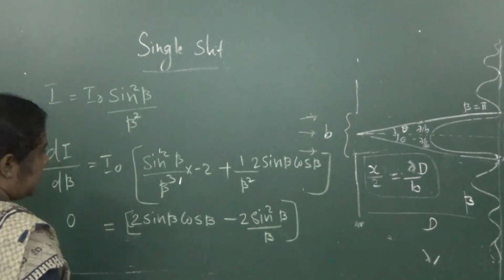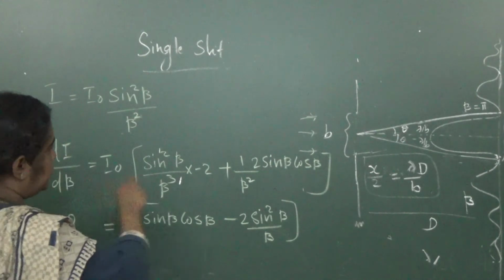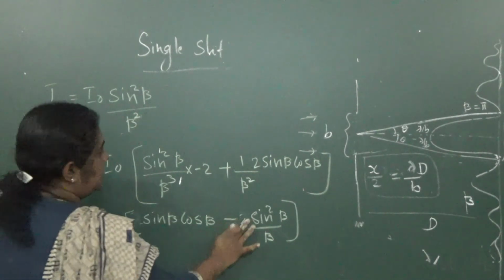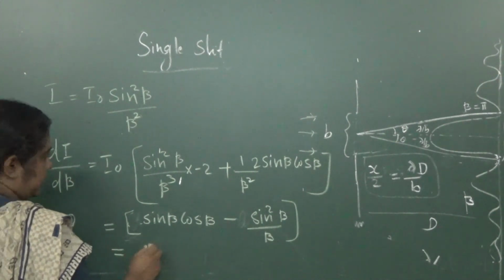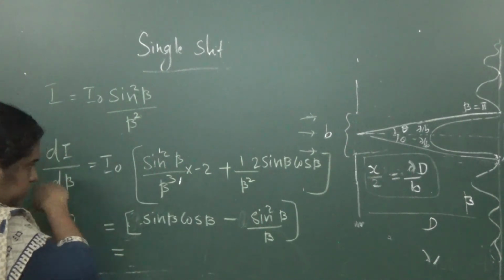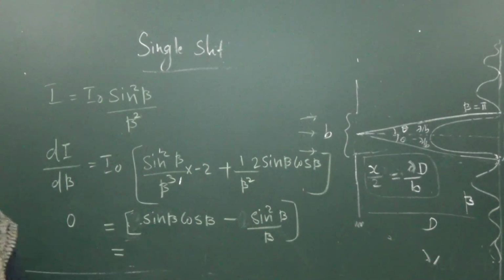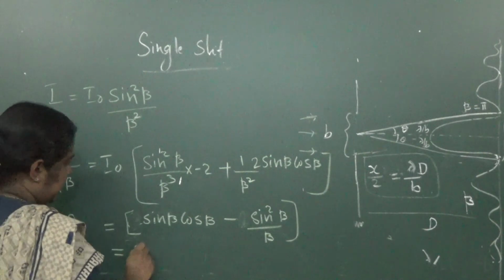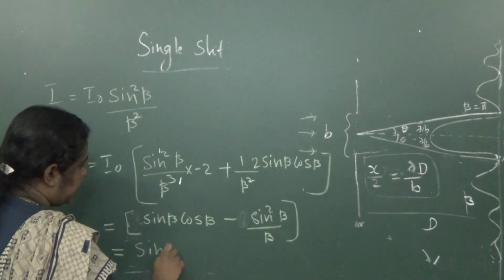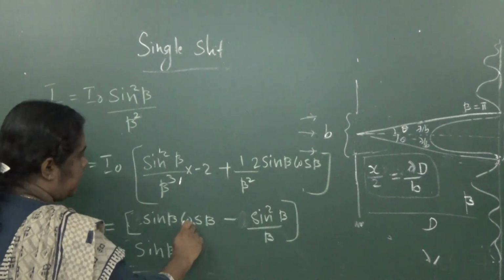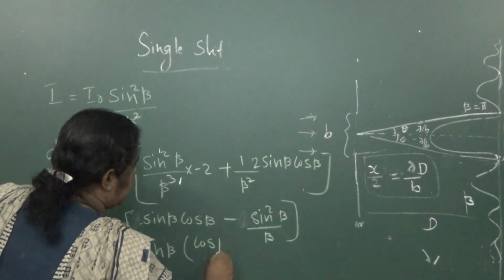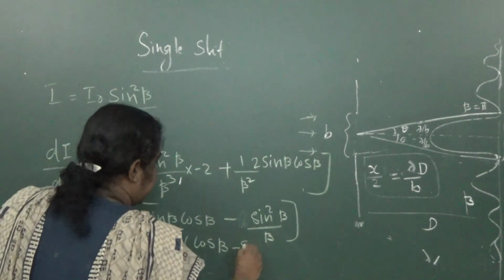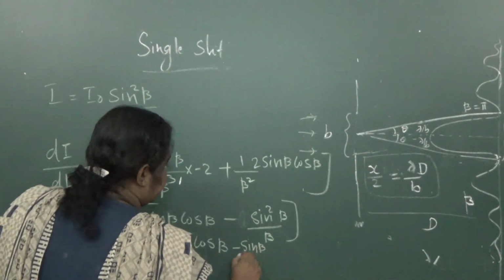Okay, again the 2 is also not needed. Now this I can write. If I take sin beta outside, is it correct? Okay, if I take sin beta outside, then sin beta cos by sin, it is cos beta minus sin beta by beta.